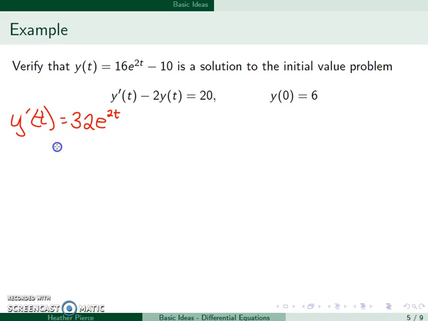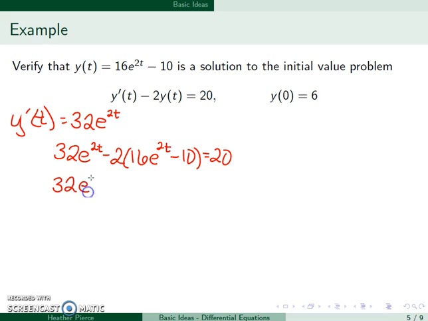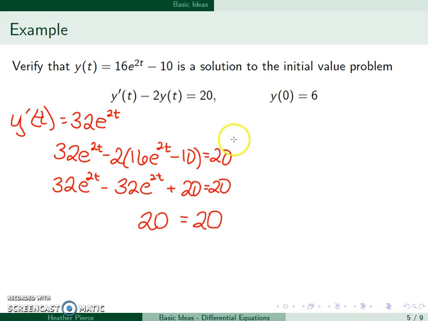So we have y prime of t minus 2 times y of t should be equal to 20. So we'll see this is 32 e to the 2t minus 32 e to the 2t plus 20 is equal to 20. So 20 is equal to 20. So it does satisfy the differential equation.